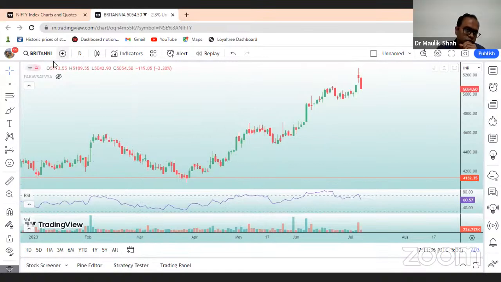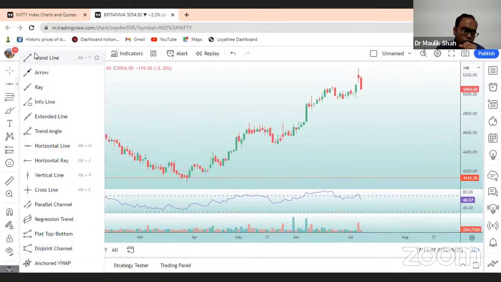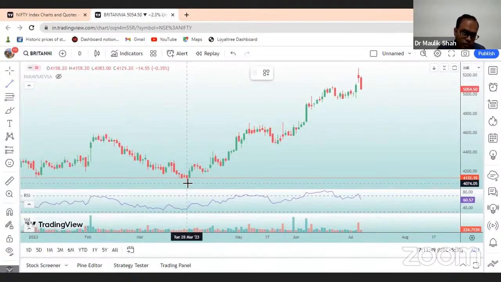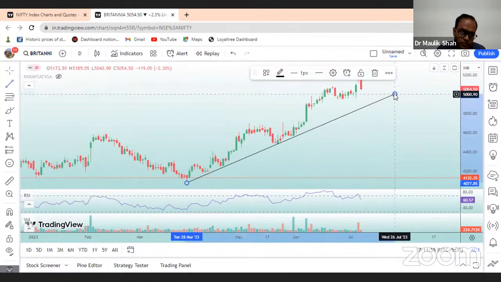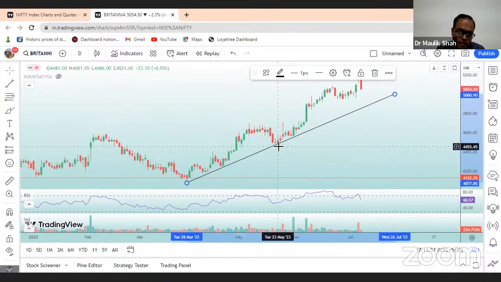So yeah, this was Britannia. We saw the horizontal line, horizontal support. Here, the trend line. So when I draw this trend line over here, see, at this place it took support and went up.